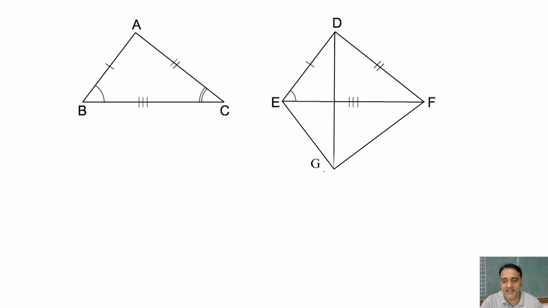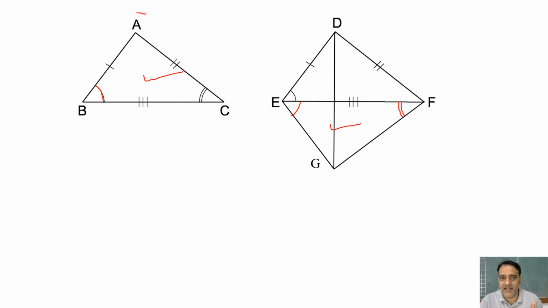Both will intersect at point G. Then join DG. Any doubt? No, sir. I am telling again, this angle we will make here and this angle we will draw here. So both will intersect at point G. Join DG. Right?